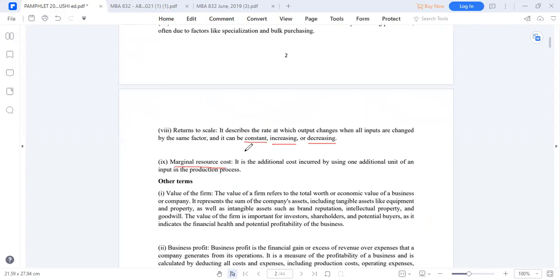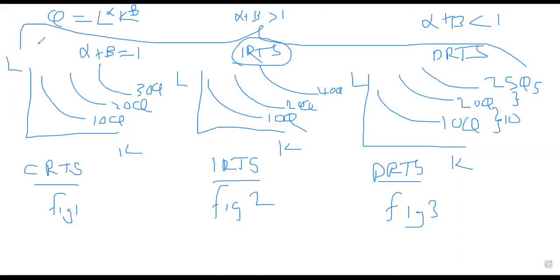Now, production is predominantly what your exam questions will have. Most of the questions are on production. You must understand that the total product is the same as Q. When you divide the total product of labor by the labor units, what we get is called our average product of labor.